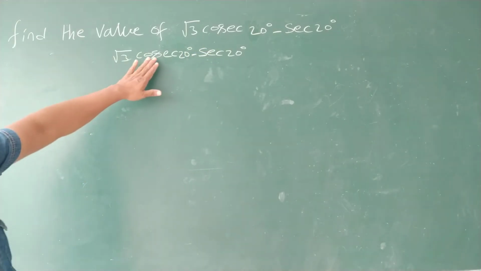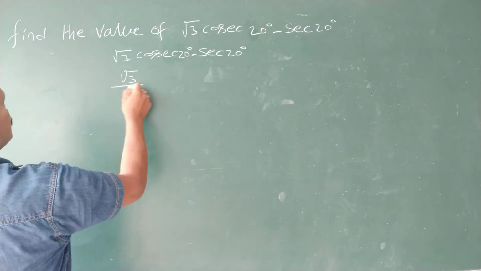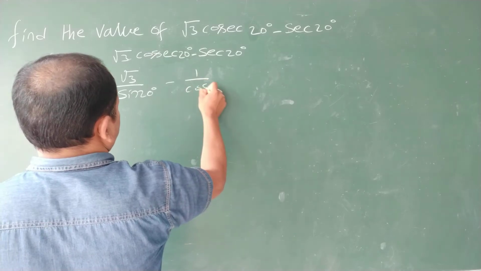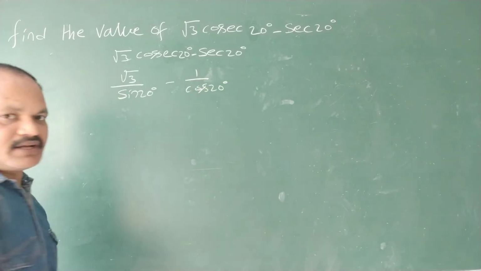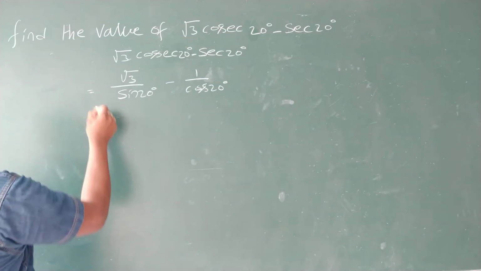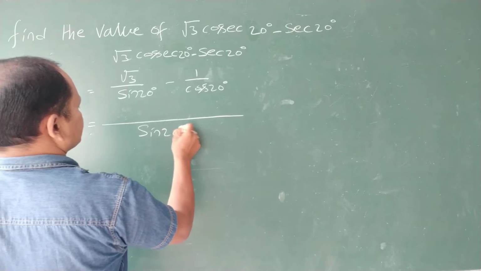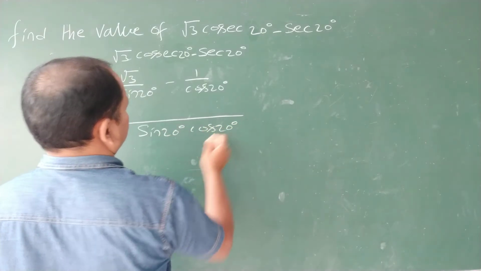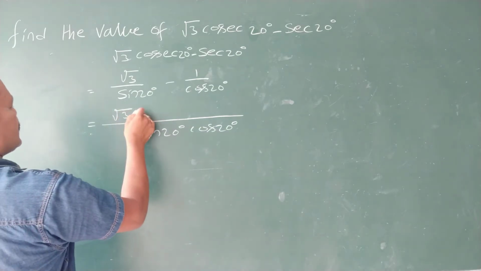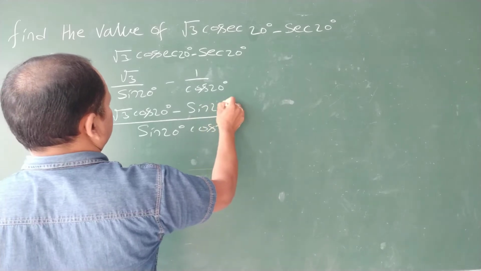That's why instead of cosecant 20 we have to write 1 by sin 20. That's why it is root 3 by sin 20 minus 1 by cos 20 degrees. That's all. Now we have to take LCM, that is sin 20 degrees into cos 20 degrees. Now here it is root 3 cos 20 degrees minus sin 20 degrees.